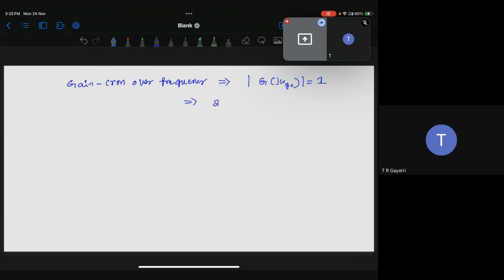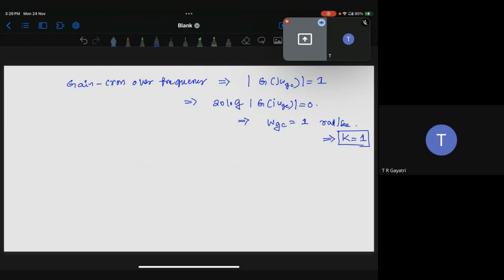So 20 log of mod G of j omega gc is equal to 0. From here, when that is 0, omega gc is equivalent to 1 radian per second.